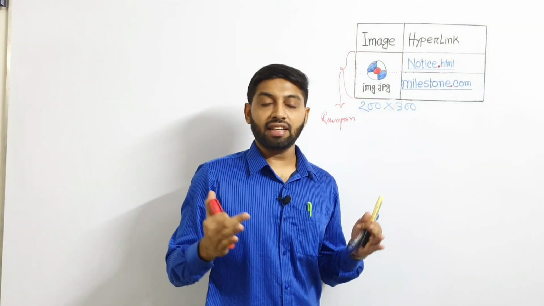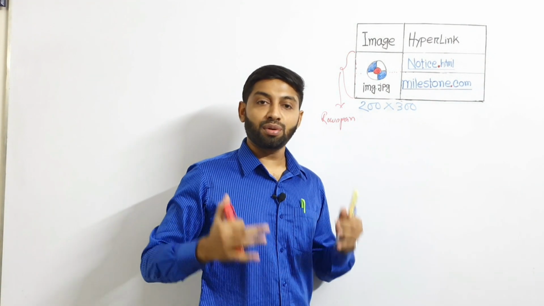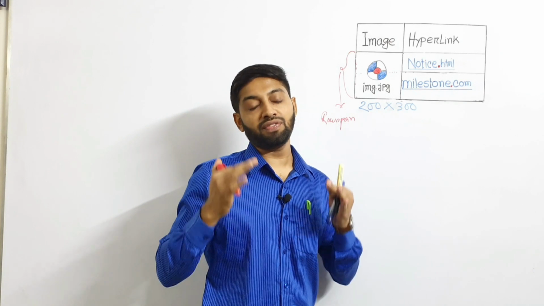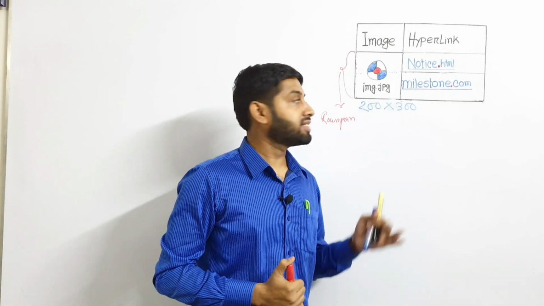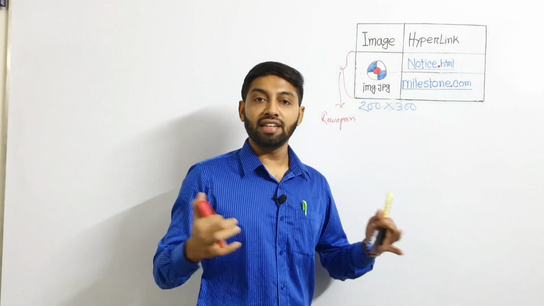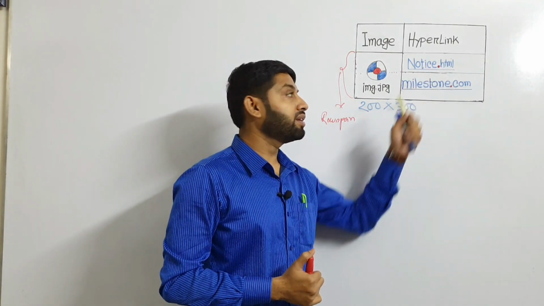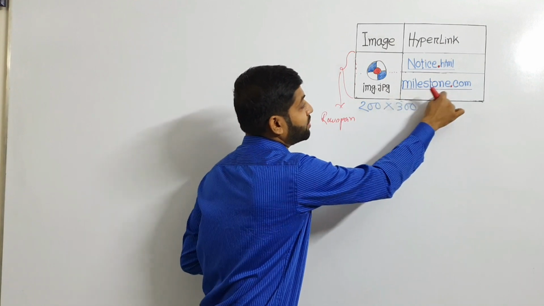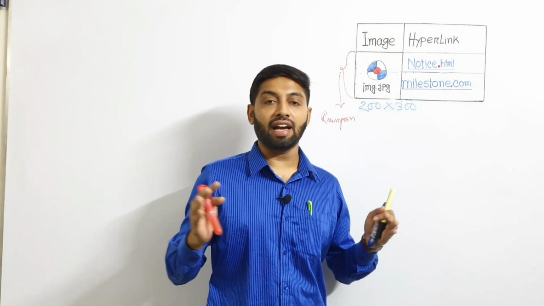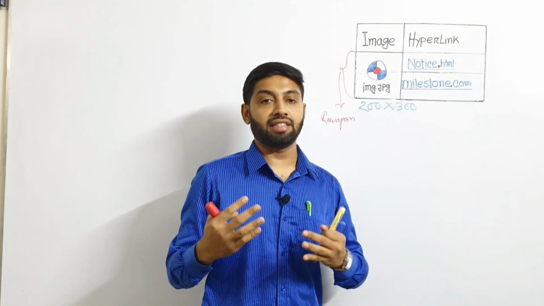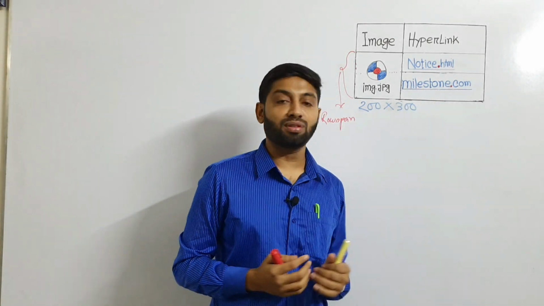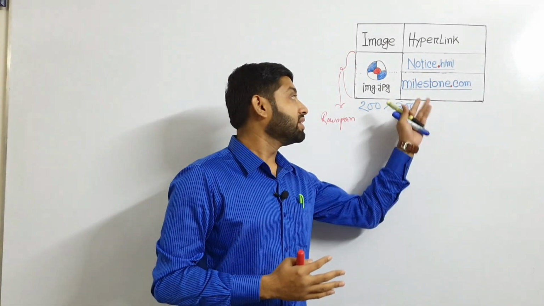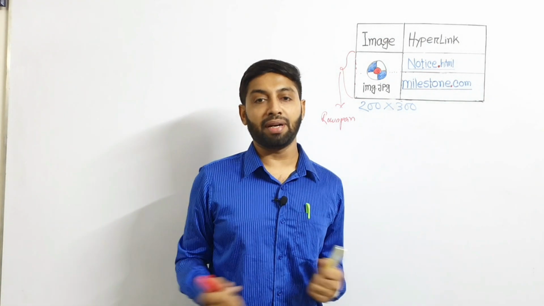If you are on your own website or your own server, then you obviously know your website's or your HTML pages' names. So this one we will call internal hyperlink, and this one, milestonecollege.com. Basically I want to create a hyperlink to our favorite college, Milestone College's website. So this one will be an external hyperlink.